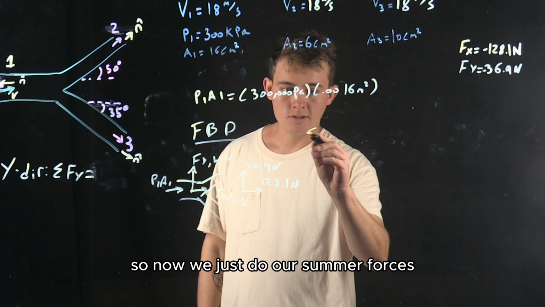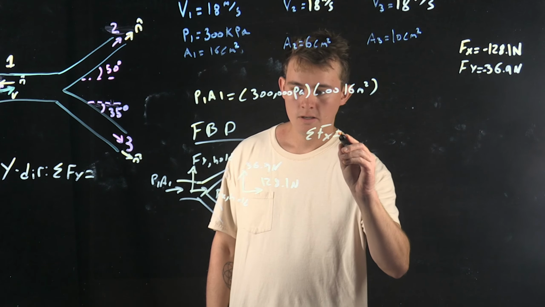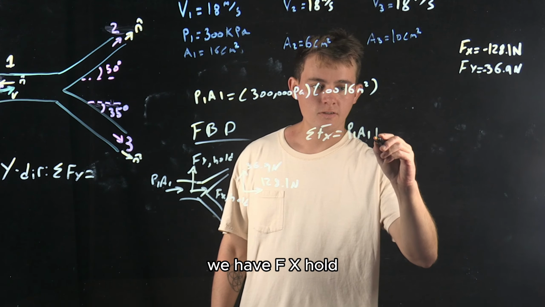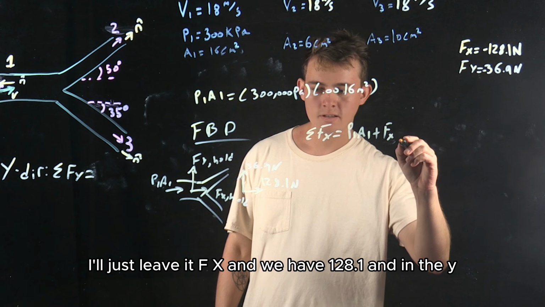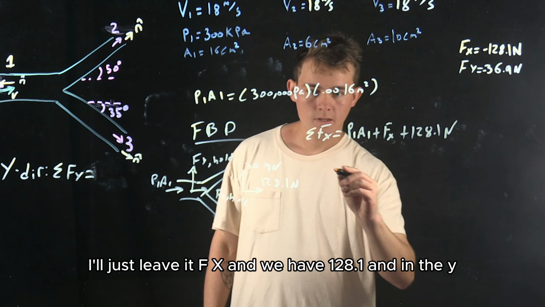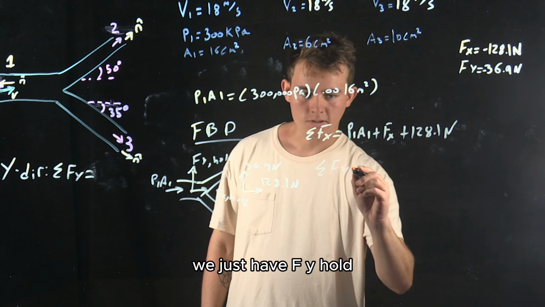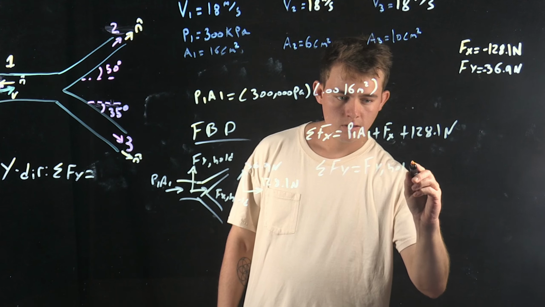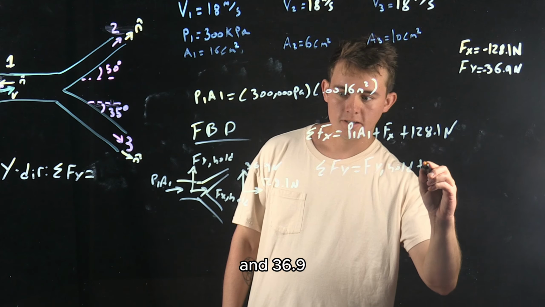So now we just do our sum of forces in the X. We have P1 A1, we have Fx hold, and we have 128.1. In the Y, we just have Fy hold and 36.9.